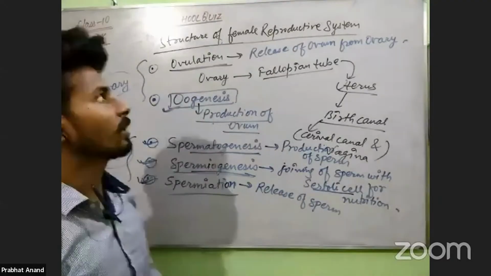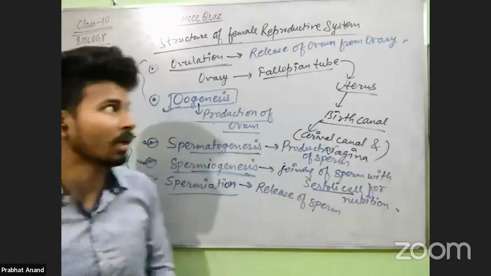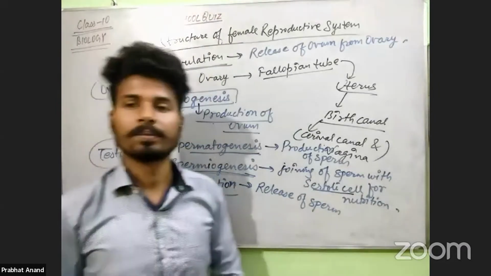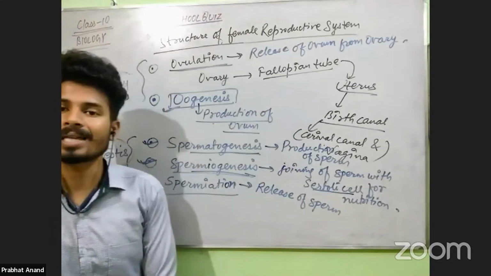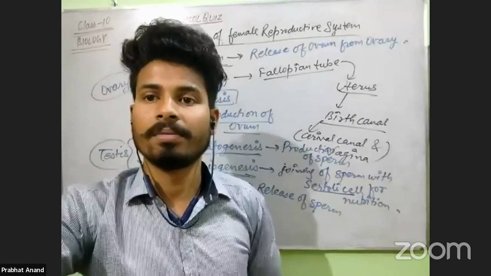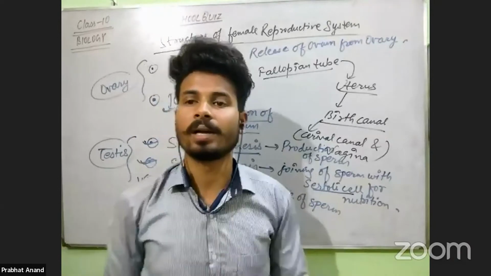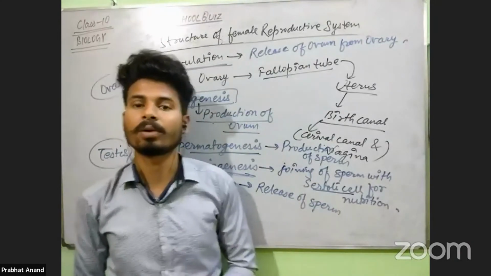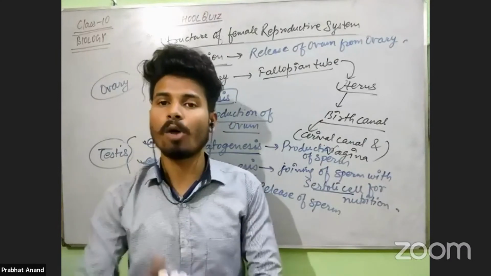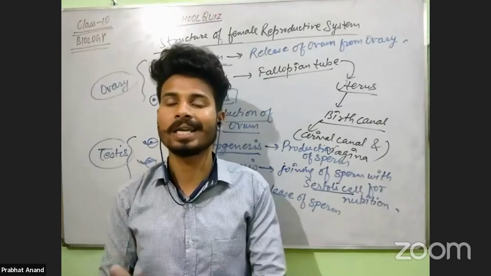Yes, sir. So this is all for the female reproductive system. If you have any doubts, you can ask. If you have no doubts, we will stop this session today, and in the next session we will talk about the menstrual cycle and the ovulation cycle, how it occurs in a female.